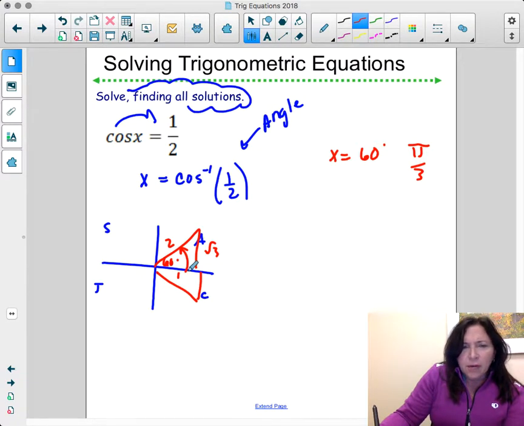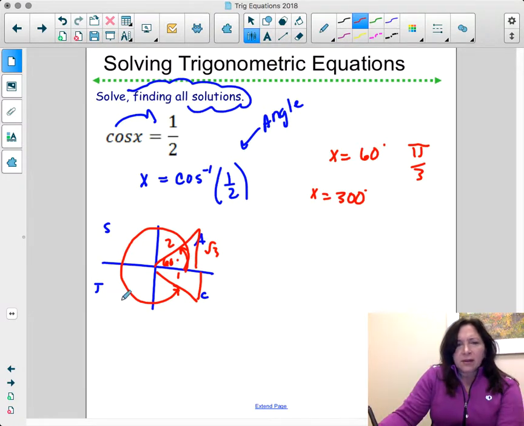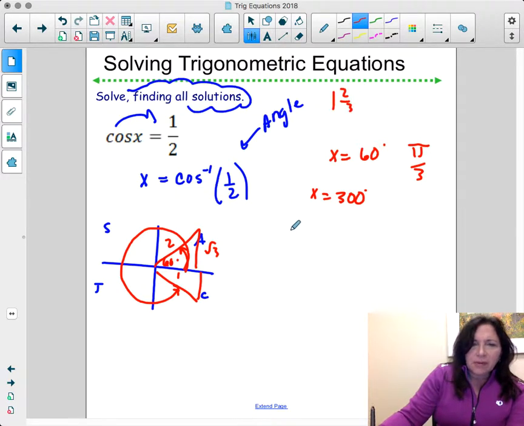At this point, we're going to find all the positive values first, which is all the way around here, which is going to be 300 degrees. Or you can also say 1 and 2/3 pi. What's 1 and 2/3 pi? That's going to be 5/3 pi. So we have 5/3 pi. We also had pi over 3.